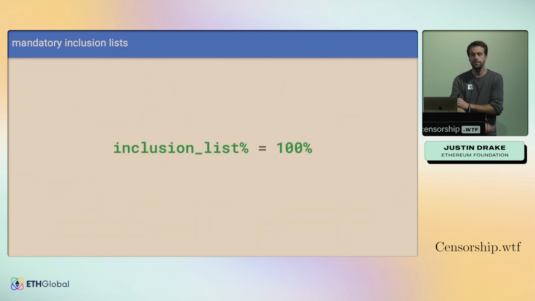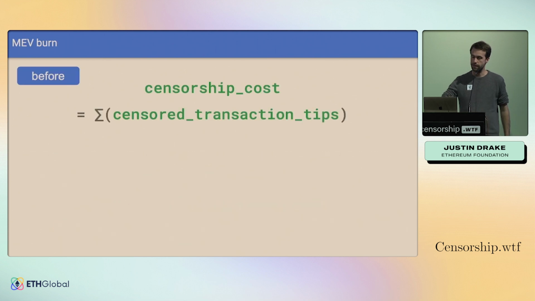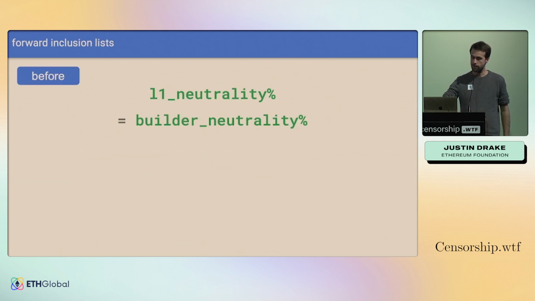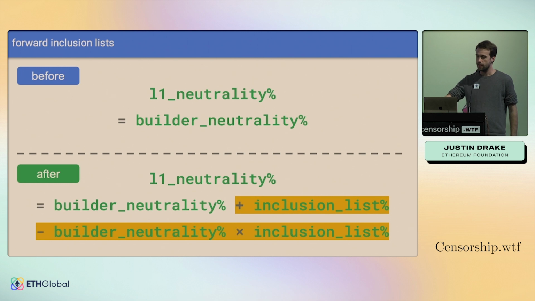And then there's this one final idea which I want to mention. It hasn't been disseminated very much, but if we go back to the inclusion list, there's a bit of a problem here, which is that the percentage of proposers that will start using inclusion lists might be relatively small. It might be 20, 30, 40%. And really, we want it to be as high as possible, ideally 100%.